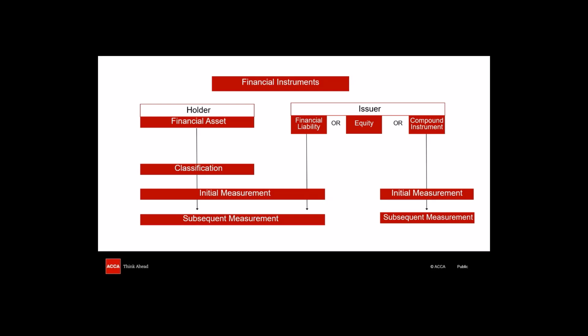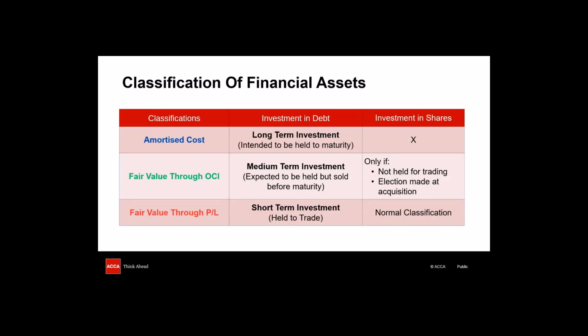Now let's move on to the measurement criteria and classification with respect to financial assets. In case of financial assets, there are 3 categories at which they can be classified. The first bifurcation is that we need to identify whether the financial asset is an investment in debt or an investment in shares.